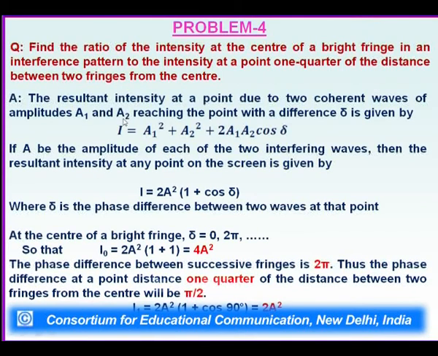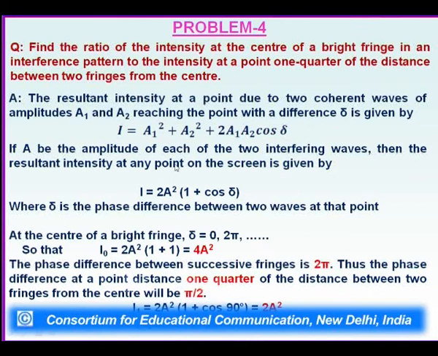Again the same formula we will use: the resultant intensity at a point due to two coherent waves of amplitude A1 and A2 reaching the point with phase difference delta is given by I is equal to A1 square plus A2 square plus 2 A1 A2 cos delta.